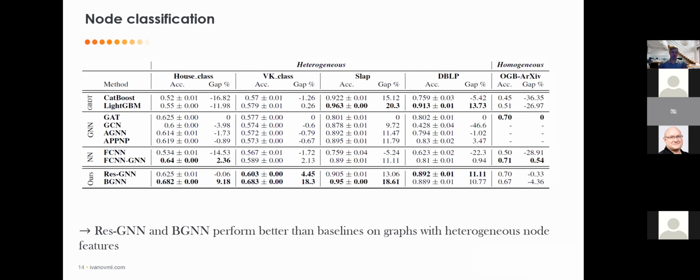We have similar performance for node classification. So we have 4 heterogeneous datasets and 1 homogeneous dataset. And the insights here are very similar. So BGNN performs the best for 3 out of 5 datasets with very significant uplift.